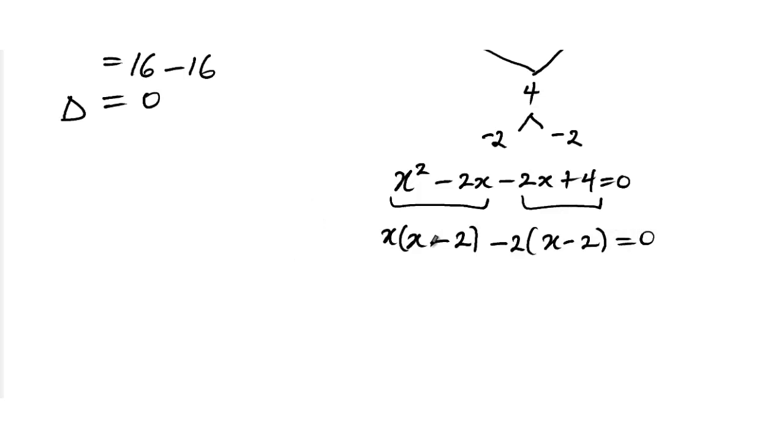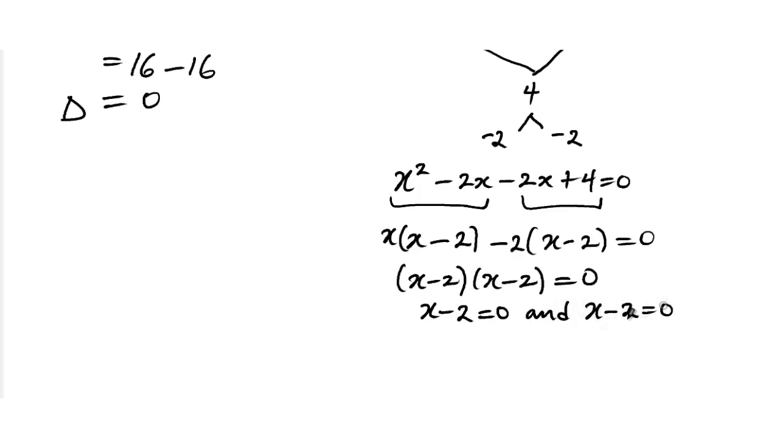So x minus 2 is common on both sides, so we take it as a factor. We can have x minus 2 into bracket x minus 2 is equal to 0. So x minus 2 is equal to 0, and x minus 2 is equal to 0. So x will now be, remember I told you whenever you take a negative number across the equality sign, it becomes positive, and if it is positive, it becomes negative.